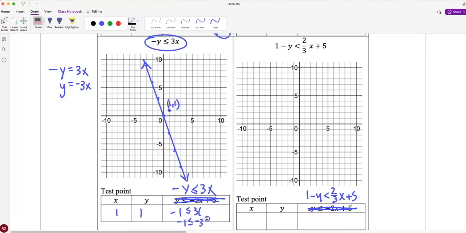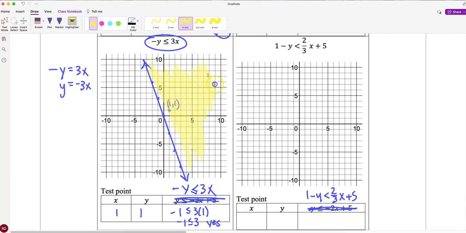This was a 1, not a negative 1. So the question was, is negative 1 less than or equal to 3? The answer is yes. That tells me that if negative 1 is less than 3, then I get a true statement. This point is part of my solution. So here is my solution.